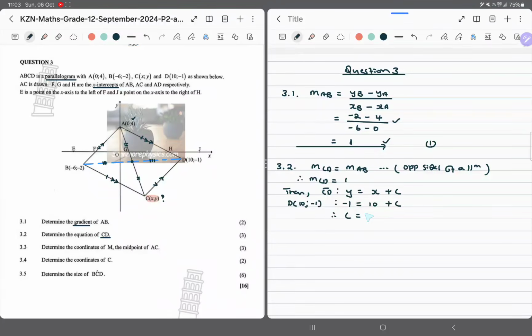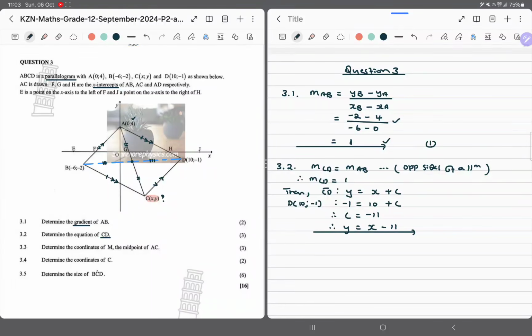Therefore our c, we transpose the 10, it becomes minus 10. So that's minus 11. Therefore our equation y is going to be x minus 11. Okay, so that's okay. Should be all right, because we expect our y-intercept to be negative and fairly negative. So that's good. We cannot doubt this.